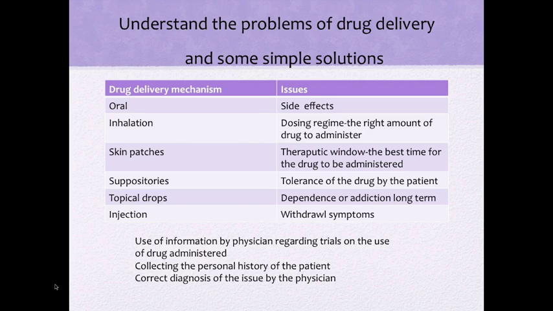They need to know if the patient has a tolerance for the drug, or if the patient has had a dependence upon or will gain a dependence upon this drug, or will have withdrawal symptoms. Of course, all of this drug delivery is based upon the correct diagnosis of what's wrong with the patient by the physician. The next video shows a new smart way of drug delivery that has recently been beta tested.